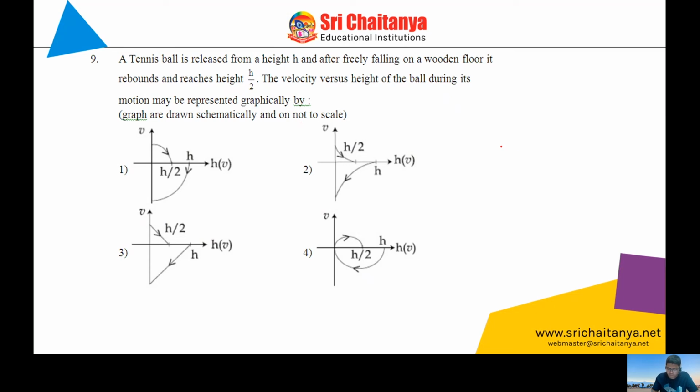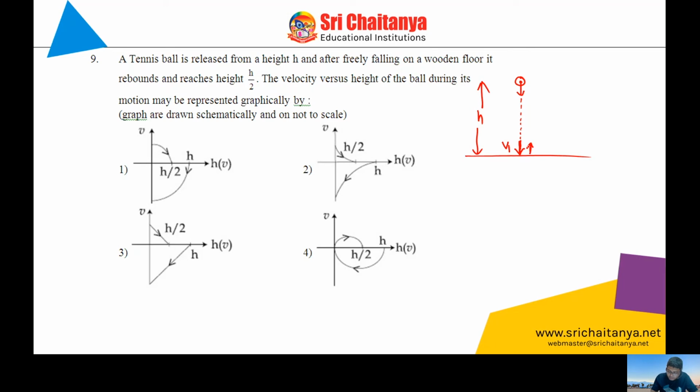So you should realize what is happening over here. Let's say this is the ball, this is the surface, and the tennis ball has been released from some height h. So its initial velocity is 0. It will fall, and it will collide with the ground with a certain velocity, let's say v1, and it will rebound.